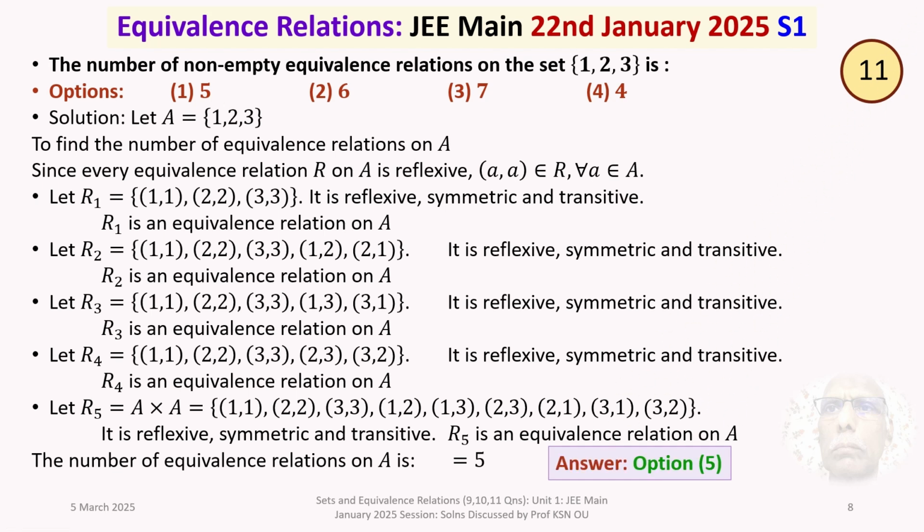Now, it is worth mentioning here, this is not for IIT JEE Main students, and those of you who are going for the advanced can think of how many equivalence relations there are on a given set A consisting of n elements. For 3, 5. For 4, how many? For 5, that means when the number of elements is 5, how many?